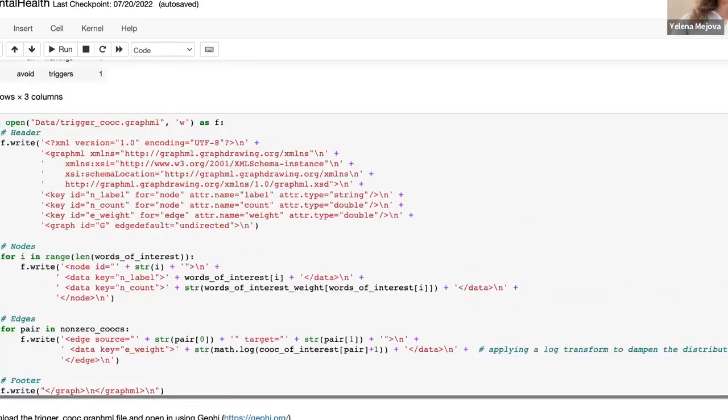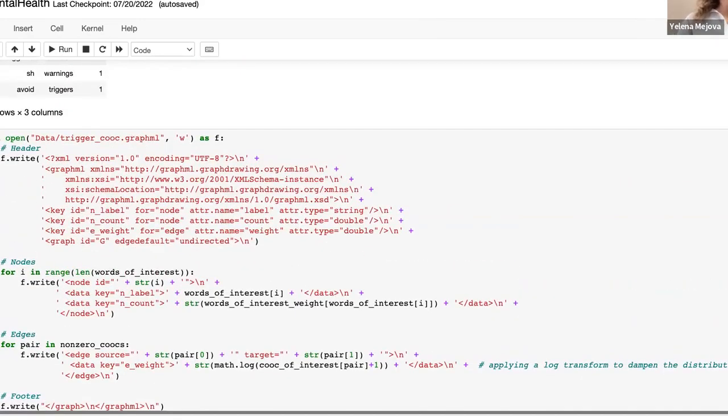Actually, it's good. Yelena, thanks for showing this, because in the network lecture, I only quickly showed that you can export a NetworkX object to a GML file, and usually it gets very big. But then you can show them again.